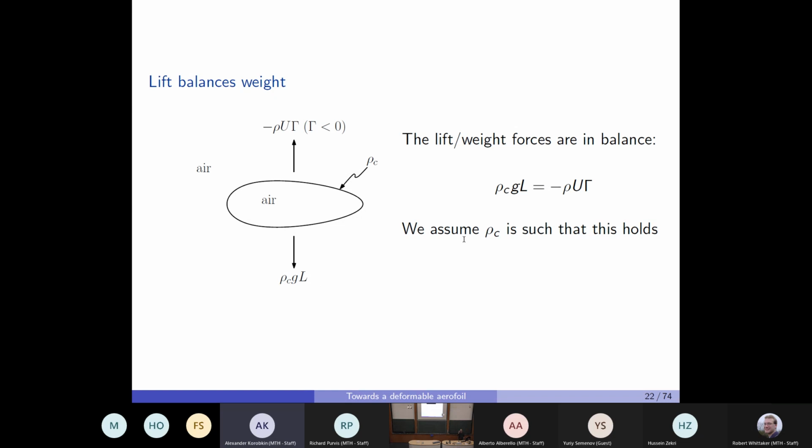Effectively, what I want to do is calculate steady solutions where the cell is not changing shape in time. So that's why I'm setting it up like this. I'm also going to assume that the density of the fluid outside the cell is the same as the density of the fluid inside.